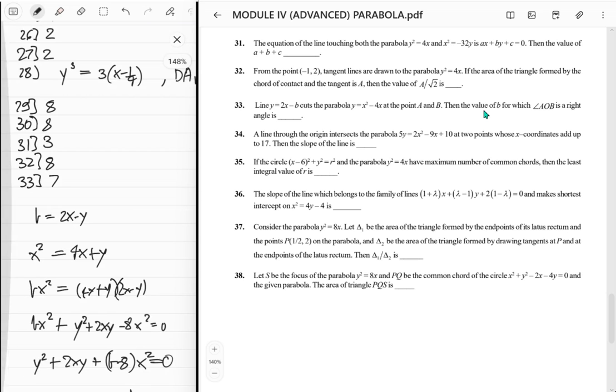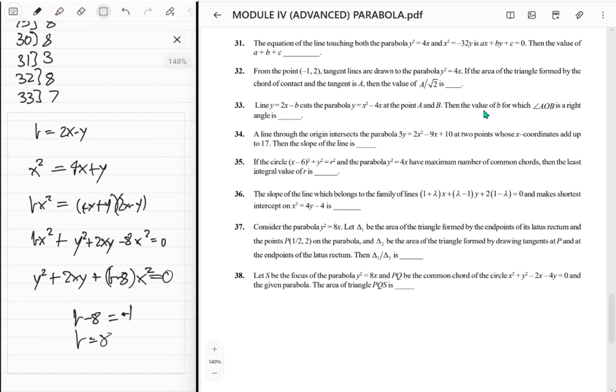And this was easy. 34. Oh, and if you don't know what I did, I don't know who calls it like this, but I call it homogenization. That is, you make something that is not homogeneous into something that's homogeneous. What it actually does is create a pair of straight lines which contains the intersection points, right?